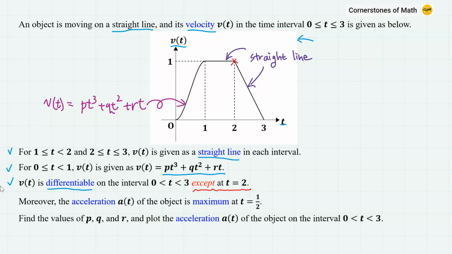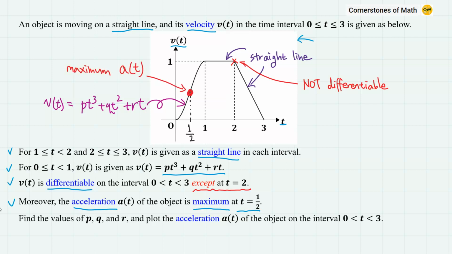So this point, t equals 2, is not differentiable. Moreover, the acceleration a(t) of the object is maximum at t equals 1/2. So this point, t equals 1/2, is where the acceleration a(t) is maximum. Find the values of p, q, and r and plot the acceleration a(t) of the object on the interval t greater than 0 and less than 3.